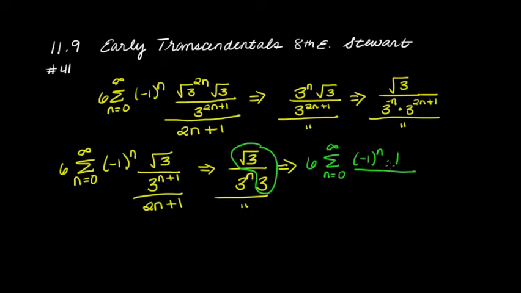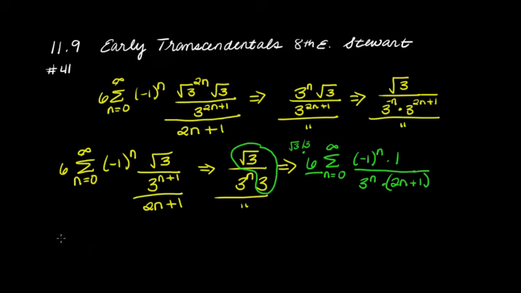We'll just put 1 over 3 to the n, and then our original denominator, so that's still multiplying by 2n plus 1. I'm going to put parentheses around it so we do not forget to plug it in, which we're not actually going to, but for the sake of the problem. And then I have to pull out my root 3 over 3, which I'm going to do right here. So this is actually multiplied by the root 3 over 3. That looks terrible. I apologize.